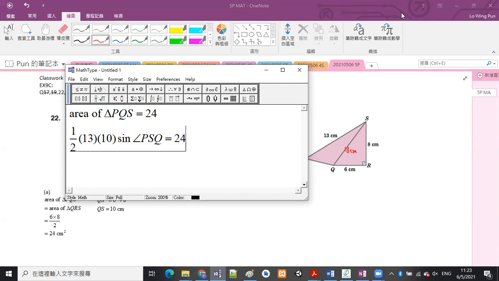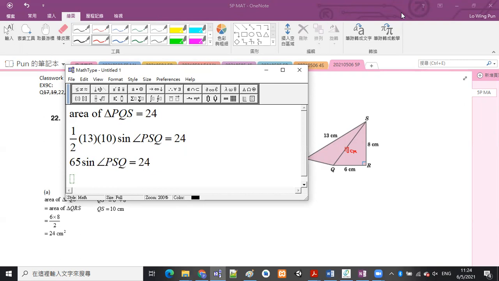Can you get how I obtain this equation? So we are about to find the angle PSQ from this equation. Okay, but let us simplify the left-hand side first. 1/2 times 13 times 10 should be equal to 65. Am I correct? 65 sine angle PSQ is equal to 24.